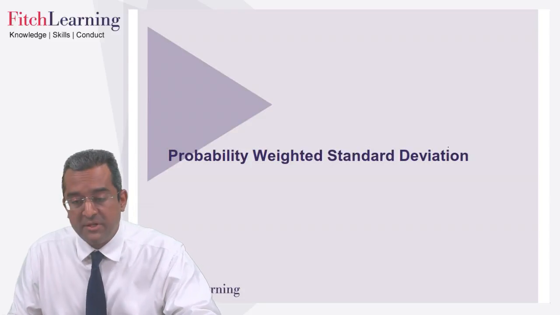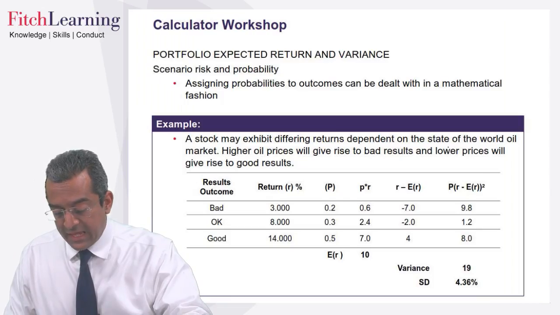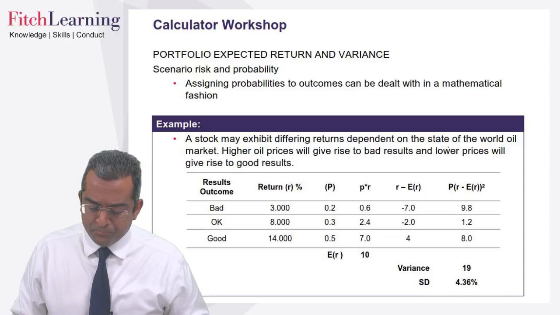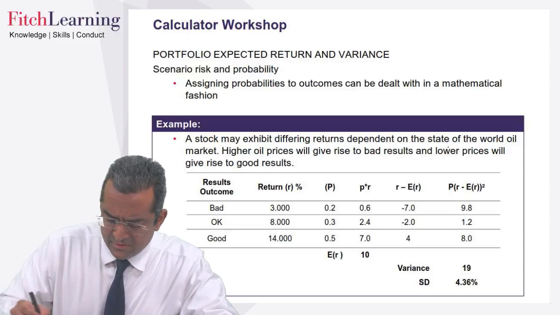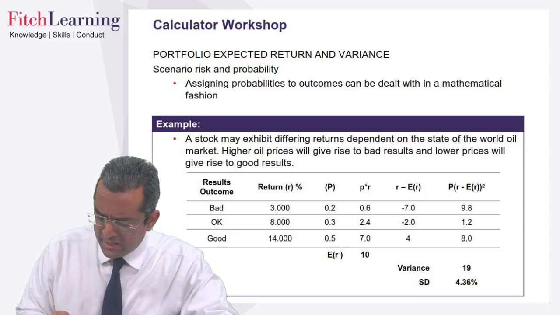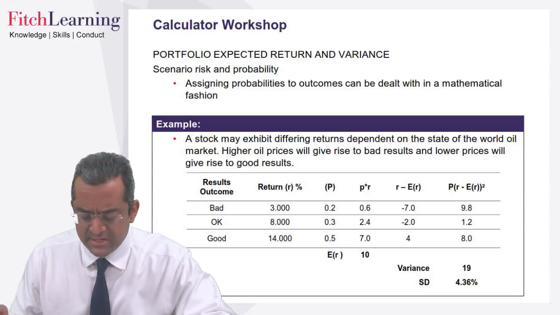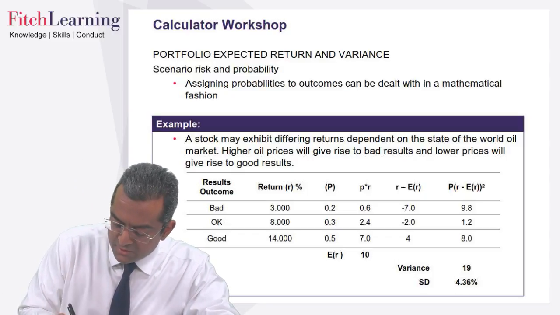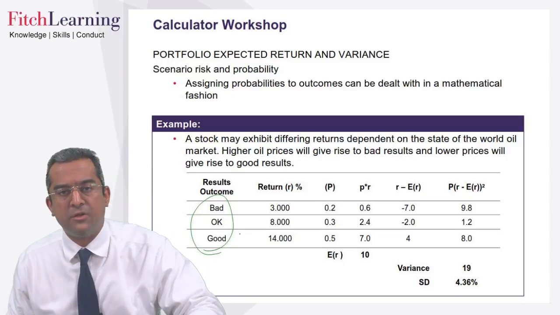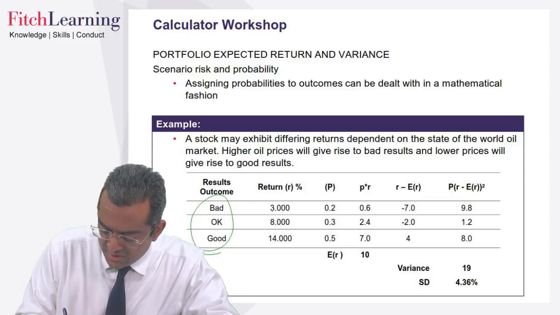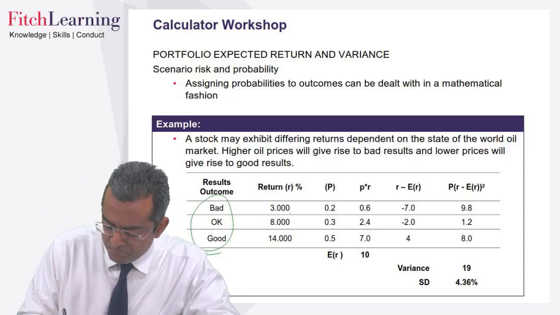The scenarios can be multiple scenarios, and we say this: there is a manual way of doing it, and that's quite tricky. For example, you've got here an example: a stock market results in different outcomes based upon the state of the oil market. So the results of the oil market can be bad, okay, and good, and the returns are corresponding to that. Yeah?